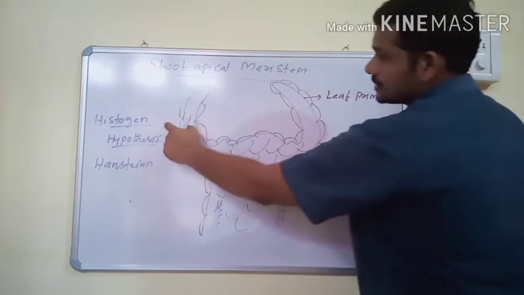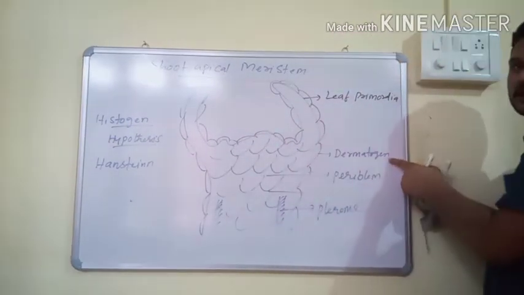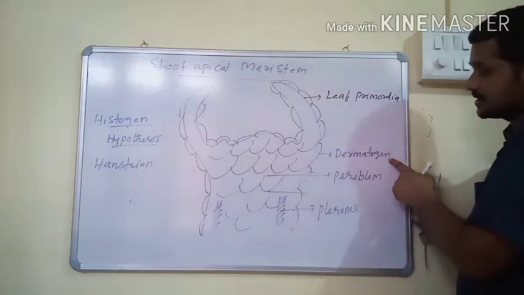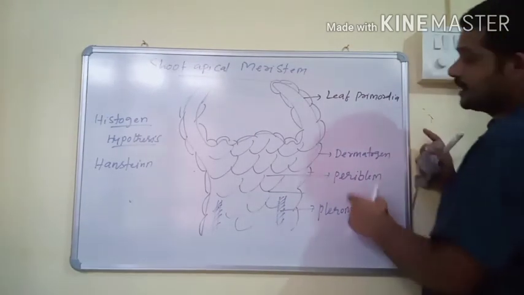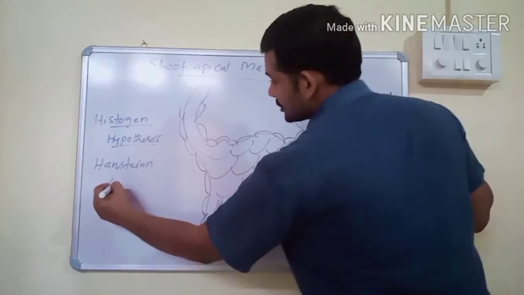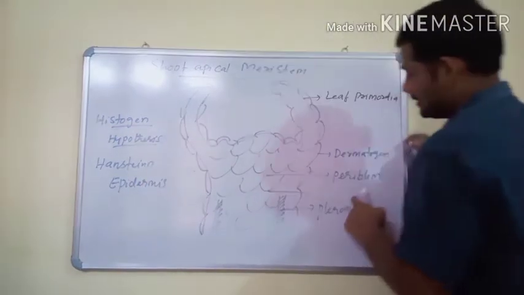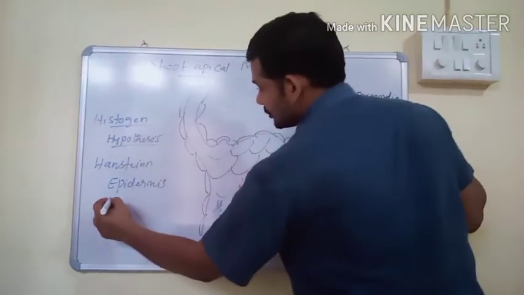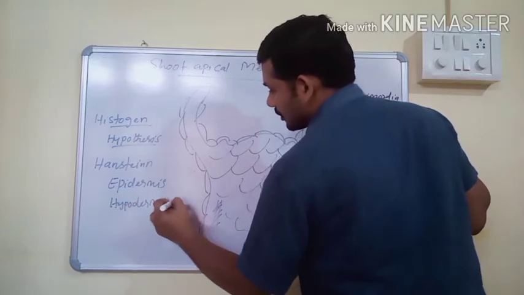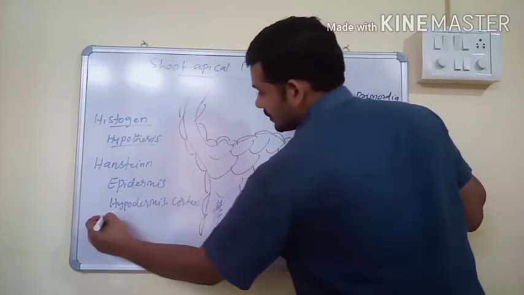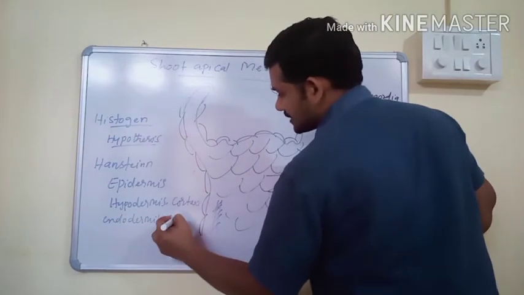According to the histogen hypothesis of Hanstein, the shoot apical meristem has 3 tissues or 3 histogens, and these histogens are dermatogen, periblem and plerome. Dermatogen later gives rise to epidermis, and periblem later gives rise to hypodermis, cortex, endodermis and pericycle.